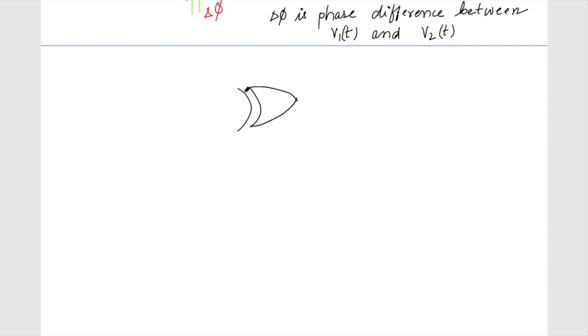Of course, there are more advanced phase detectors that we'll learn eventually, but the basic one which we can use is an XOR circuit.